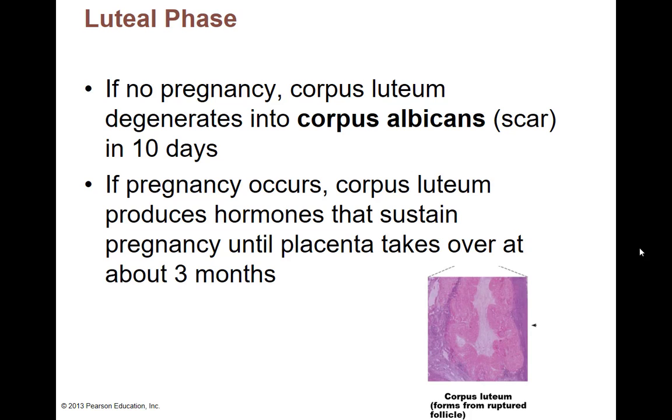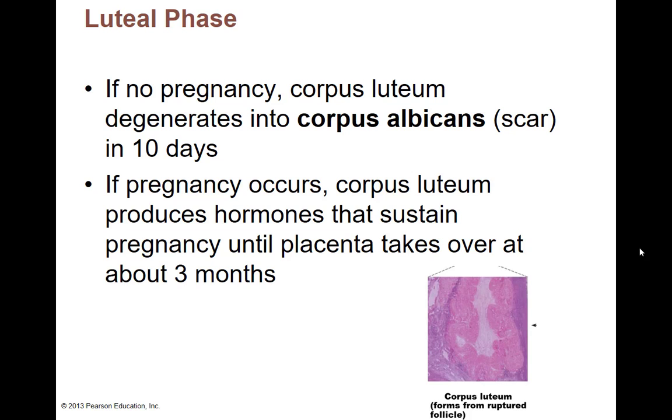They're like, oh, you have a recent scar on your ovary on this side, from the corpus albicans. That means last month you released an egg, you ovulated, and now you've got a pretty fresh scar. So they can actually look to see all the scars. Anytime you've ovulated, once a month, you now have scar tissue on your ovary from that released follicle.